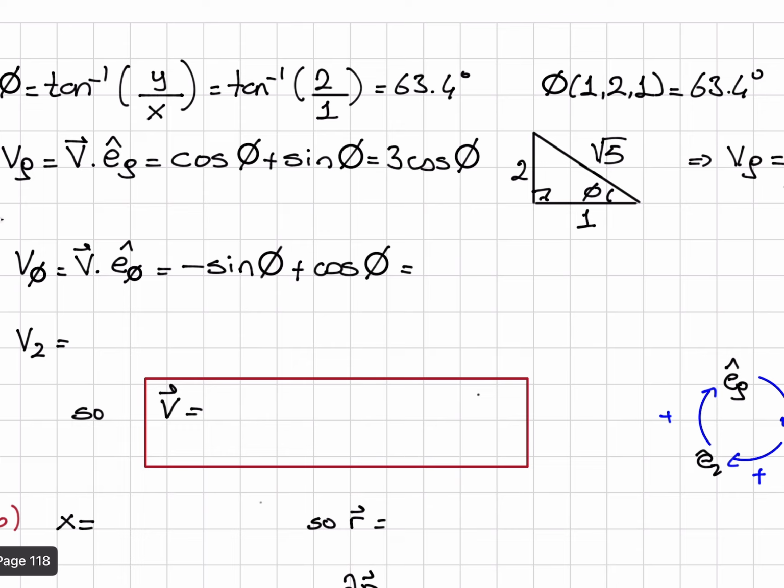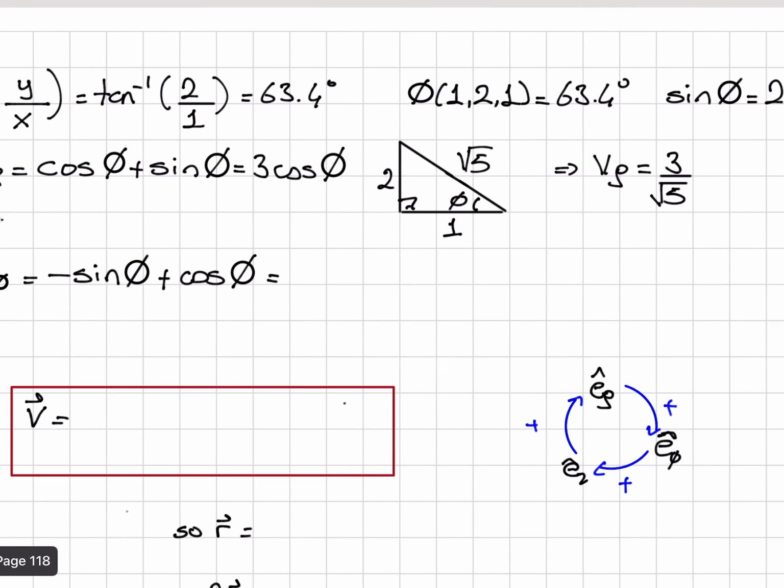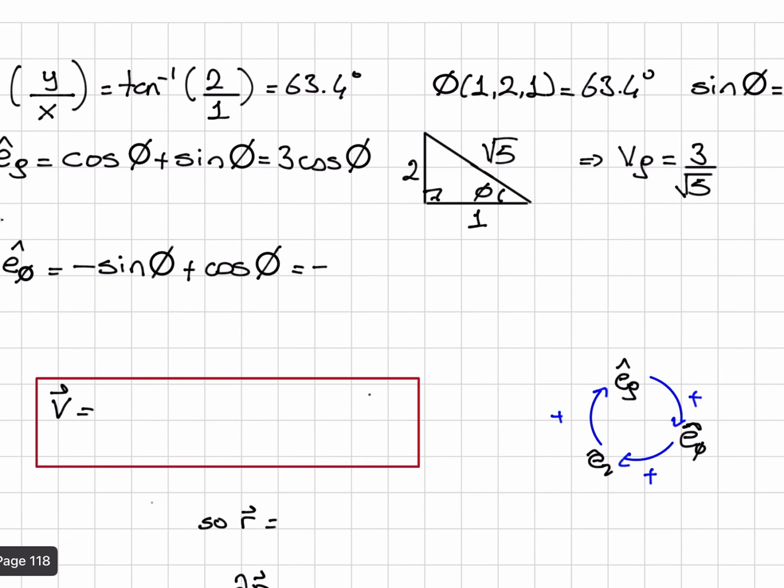And we know that sine phi is 2 cosine phi. Therefore, this sum will give me a minus cosine phi. And what is cosine phi? 1 over square root 5. So this is minus 1 over square root of 5.